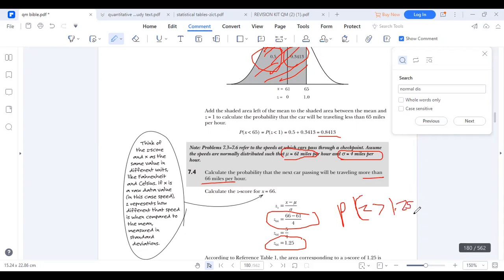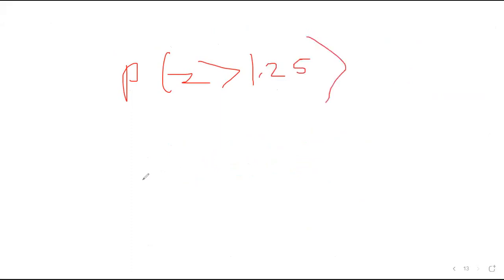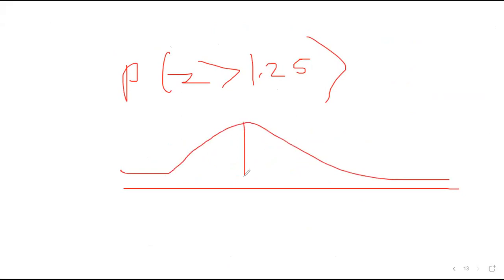So greater than 1.25, you locate 1.25 somewhere. So the probability that Z is greater than 1.25. So you indicate the 1.25.